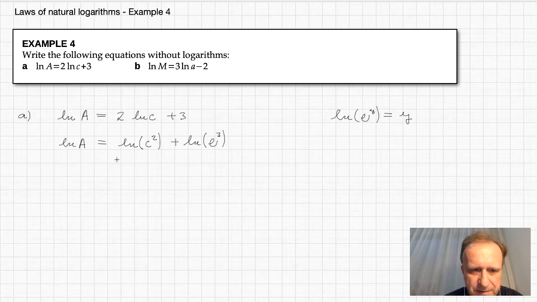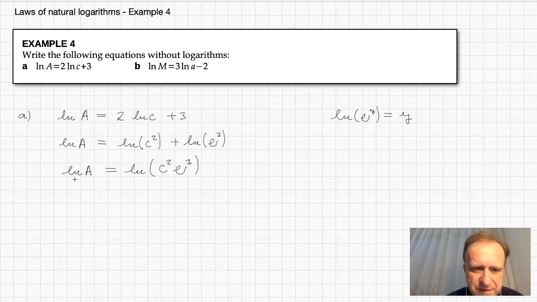So let me now use another law. We have the sum of two logarithms, and we can now use the product rule law and replace the right hand side by a single logarithm. So therefore the left hand side is logarithm a equals the natural logarithm of c squared times e cubed, like this.